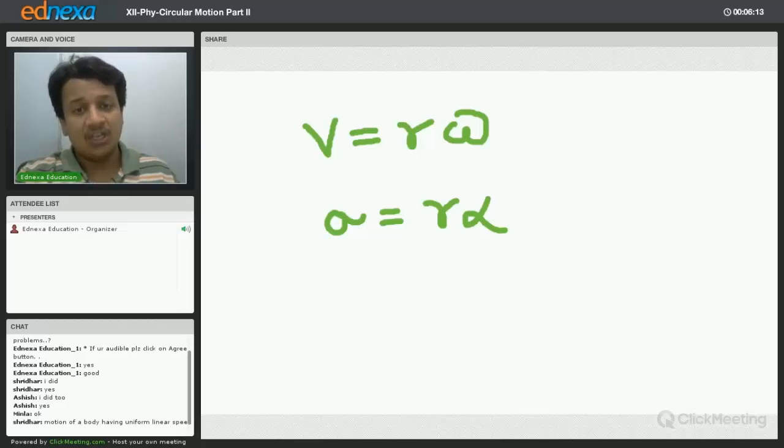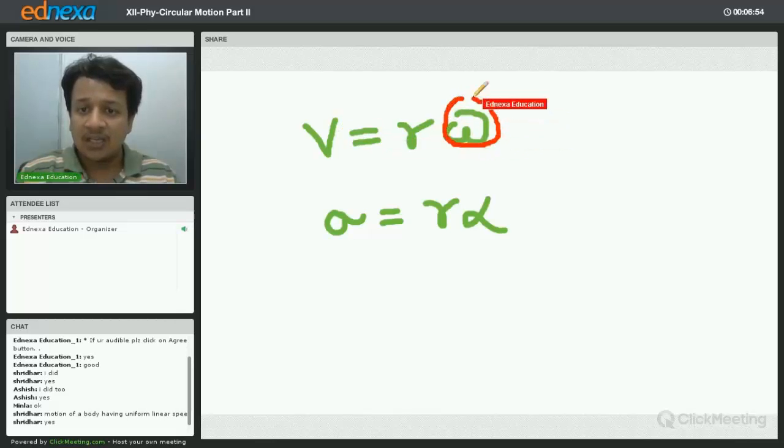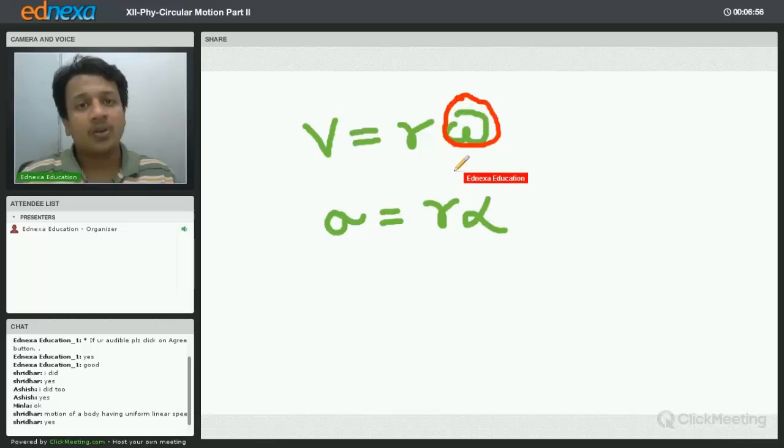Angular velocity means omega. Is it right? This omega is going to remain constant.